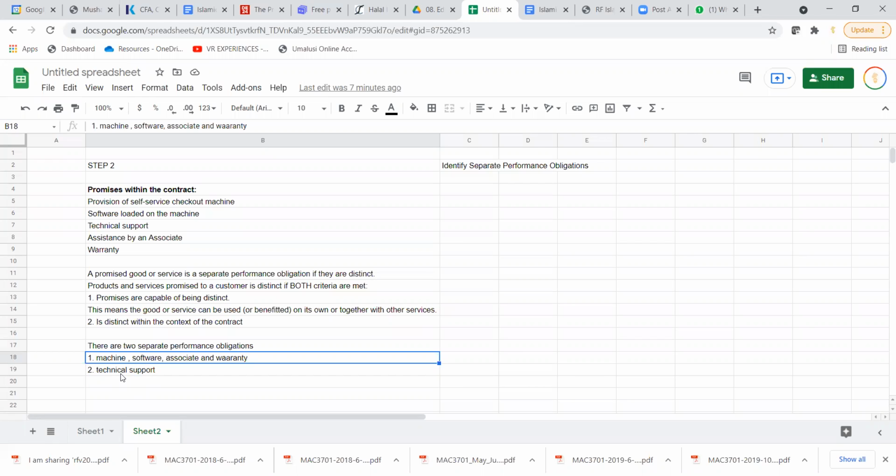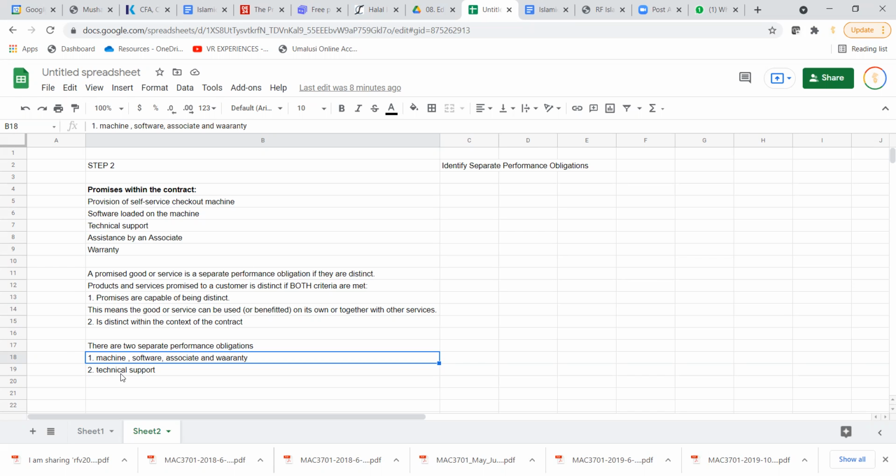Because they did not meet criteria number 1, there's no need to do criteria number 2, because even if they meet criteria number 2, they're still not going to be distinct. But because the machine and the software met criteria number 1, we have to have a look whether they also meet criteria number 2, because they will only be distinct if they meet criteria number 2 as well.